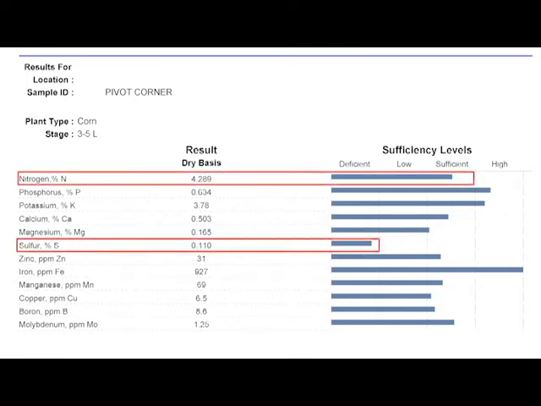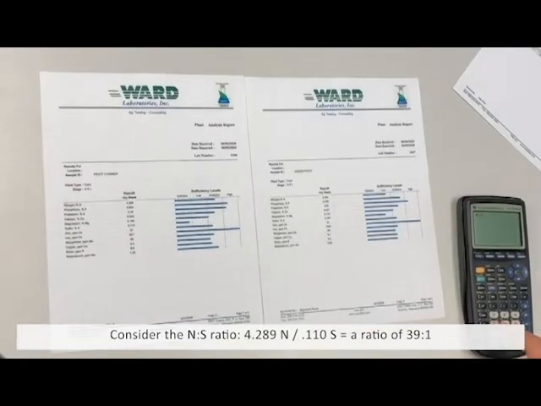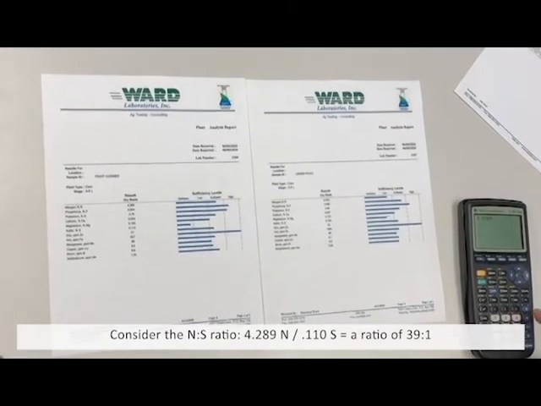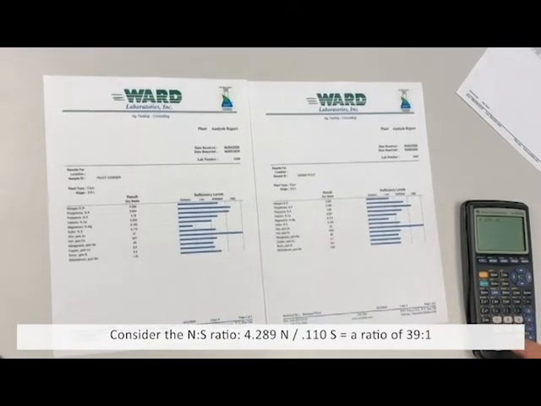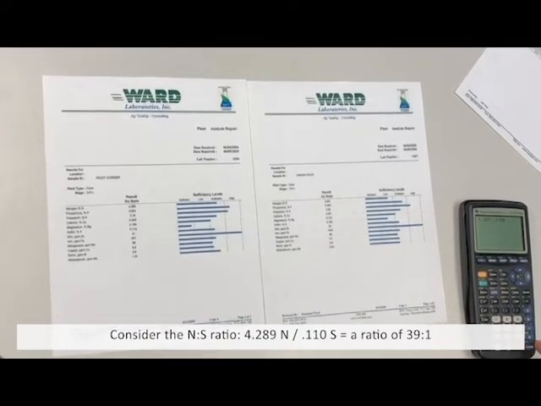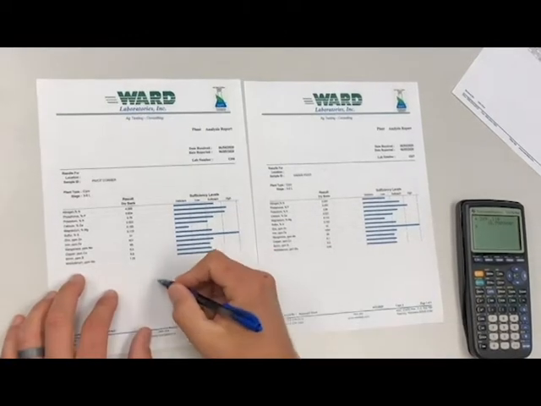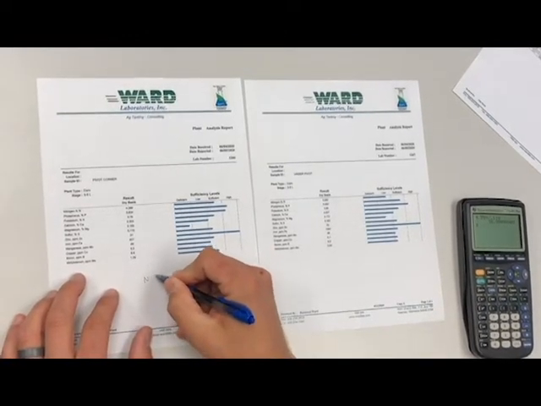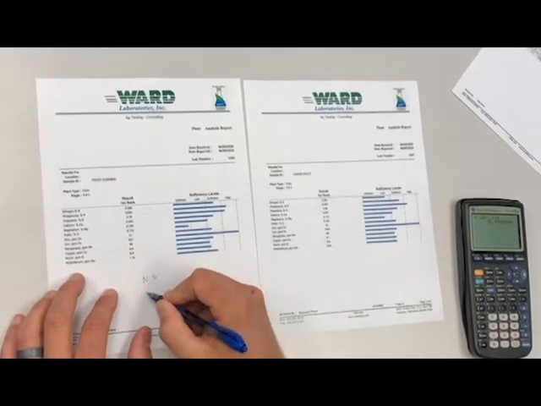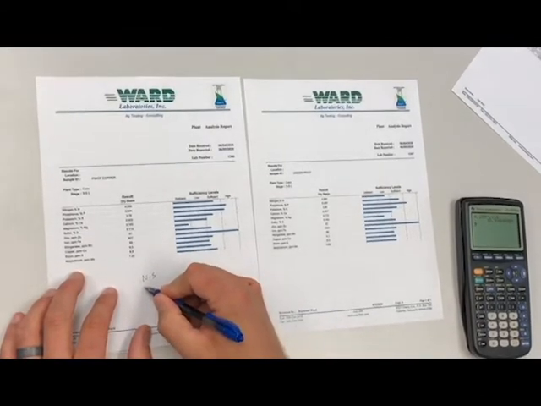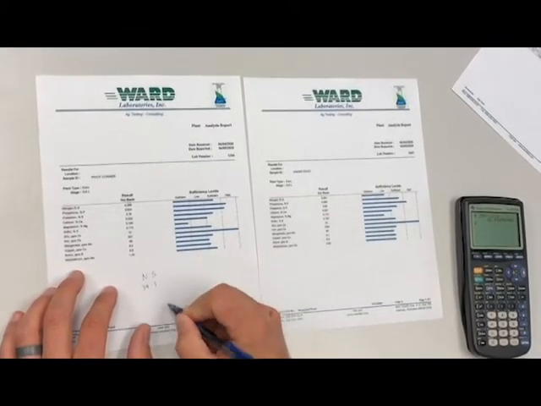Now what makes this even worse is if we look at the nitrogen to sulfur ratio. We divide the nitrogen, 4.289, by the 0.10 sulfur content, and we get a nitrogen to sulfur ratio of approximately 39 to 1.